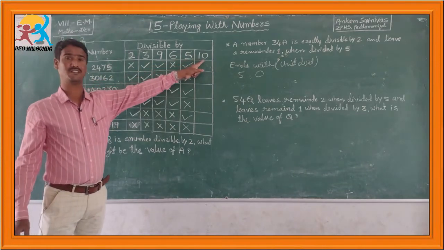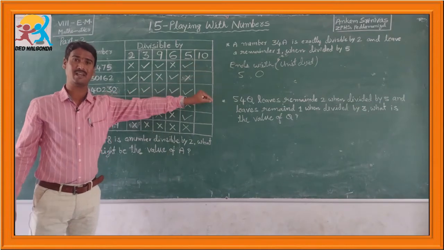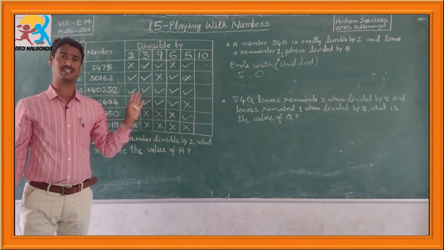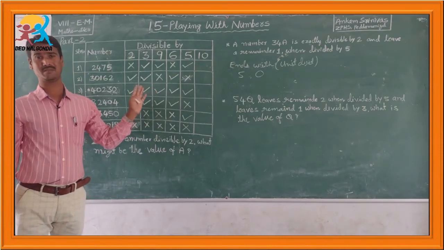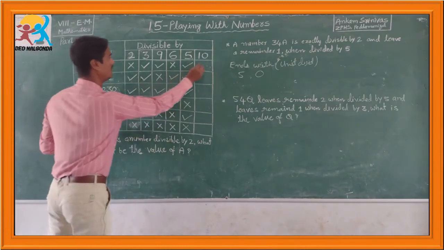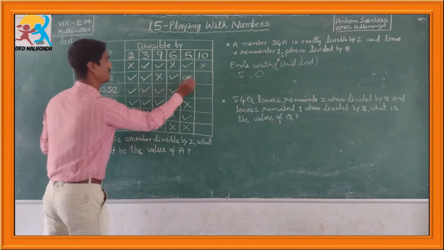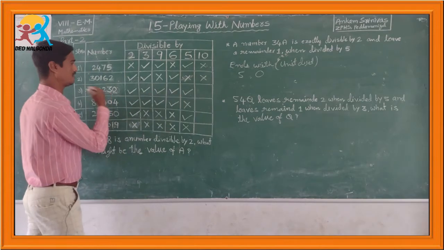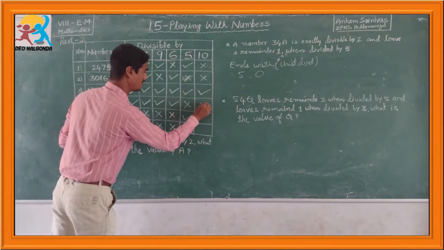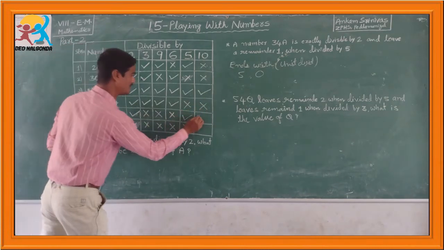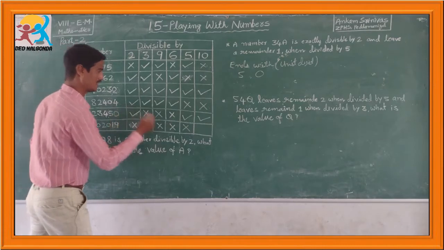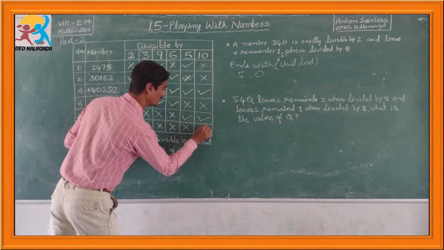What is the divisible rule for 10? If a number ending with 0, or the unit digit of a given number is 0, then that number is divisible by 10. So here, no 0, not divisible. No 0, not divisible. 0, is divisible. No 0, not divisible. 0, is divisible. And here 9, no 0, not divisible.